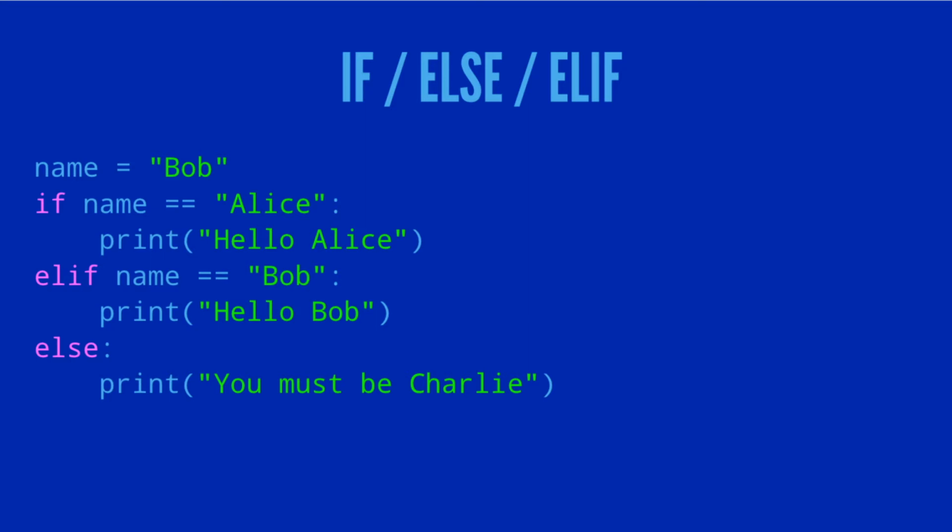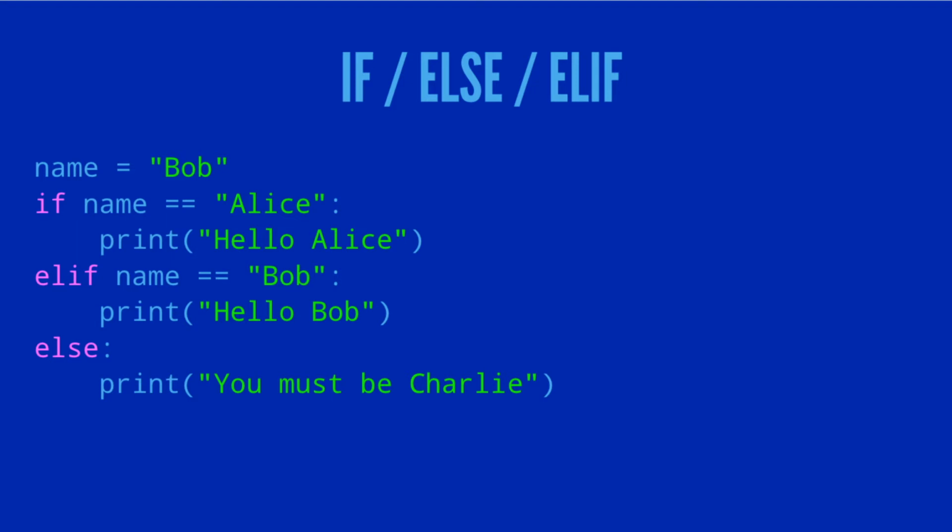So what would happen here? What would be printed? Yep, so we'd get hello Bob. What if I put the name as Sophia?